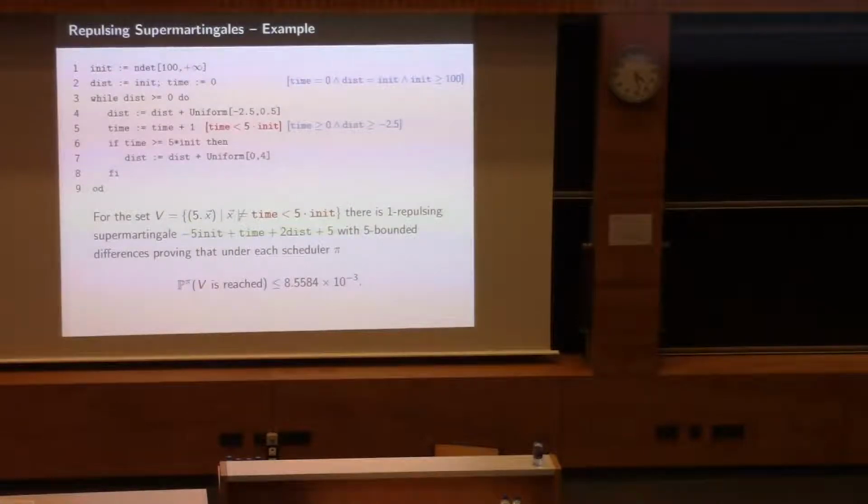And inside the loop, dist is always at least -2.5, so also these 2 other terms are non-negative. In the same way, you could check the C-bounded difference condition and the initial negativity condition. If you apply the proof rule from the previous slide on this repulsing supermartingale, we get that the probability of violating this assertion from any of these possible initial states is less than 1%.